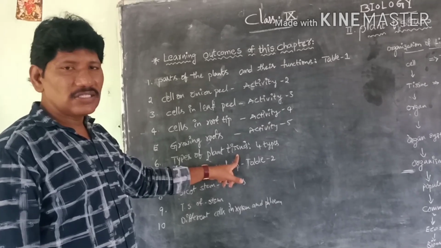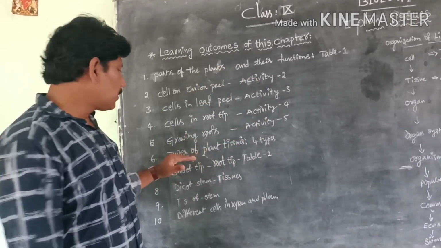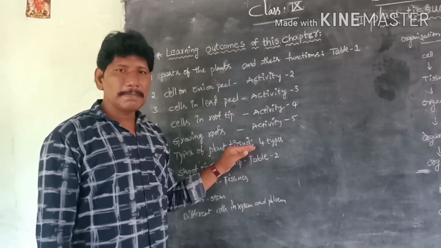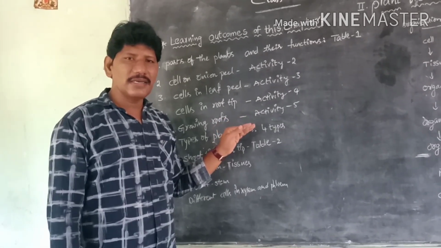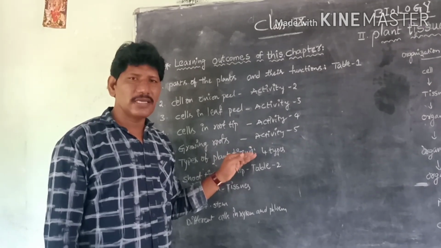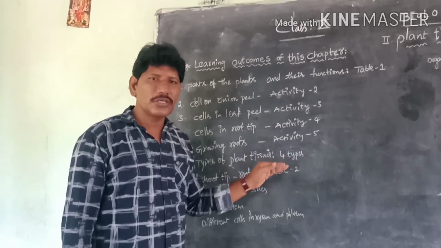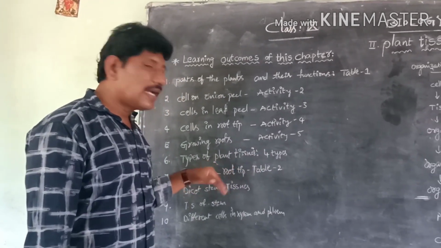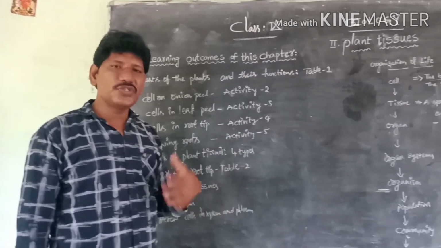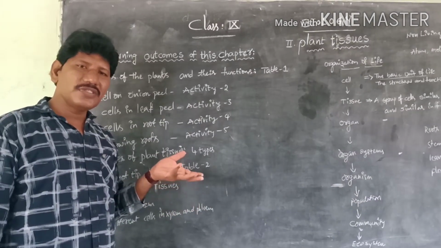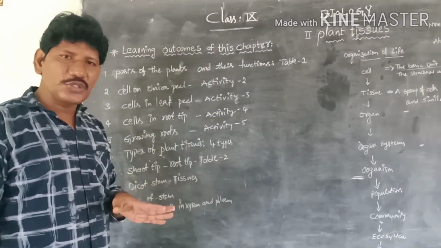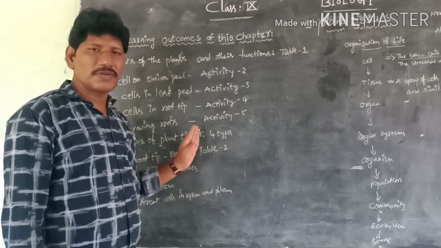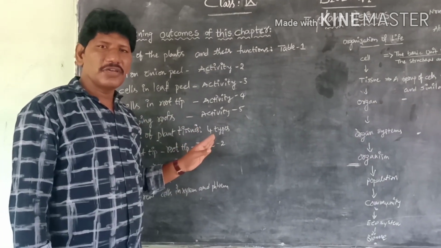Next one is types of plant tissue. It's a very important concept in this entire chapter. We completed the typical plant cell, animal cell and their differences. Then we move to types of plant tissues; types of animal tissues is the third chapter, and plant tissues is the second chapter. Like animal tissues, plants also have four types of tissues, meant for different functions.